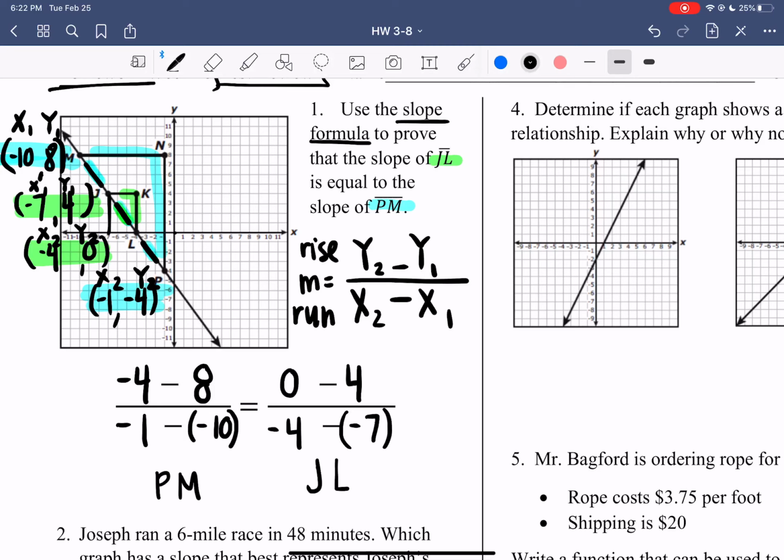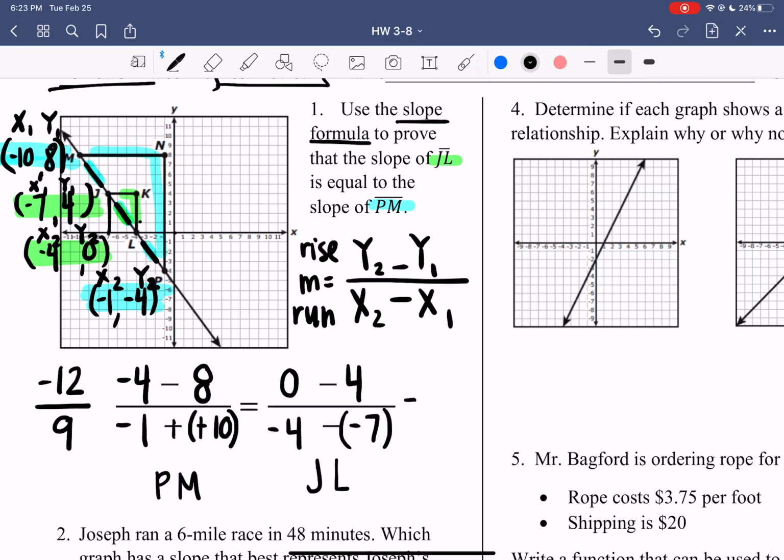So if we look at this, we have negative 4 minus 8, which is negative 12, over negative 1 minus a negative 10, so negative 1 plus 10, which is positive 9.